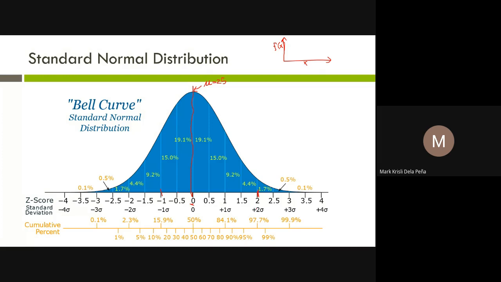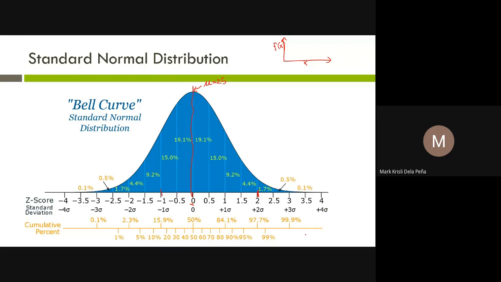This one is positive 2 sigma away from the mean. As I have told you earlier, half of this curve is 50% of the total area. So you can see there the cumulative percentage. Then you have the 1%, 2%, 15.9, 30, so on, 99.9, and so on. So this means as we increase the value of our z-score, the cumulative percentage also increases.